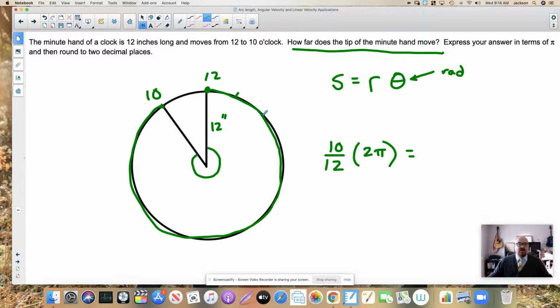Every number on the clock represents 1/12th of the circumference, okay? So we still have 11 in here somewhere. So 10/12ths of 2 pi is 20 pi over 12, which is, what do we get here? 5 pi over 3. Does that sound about right?